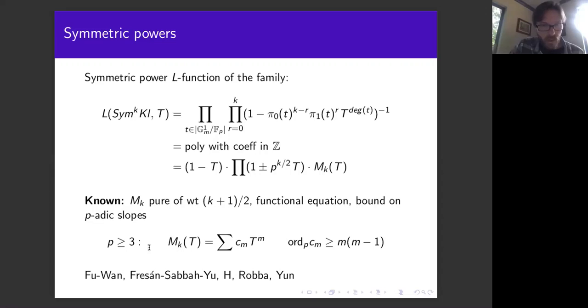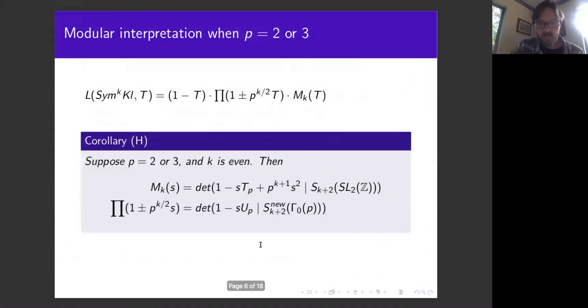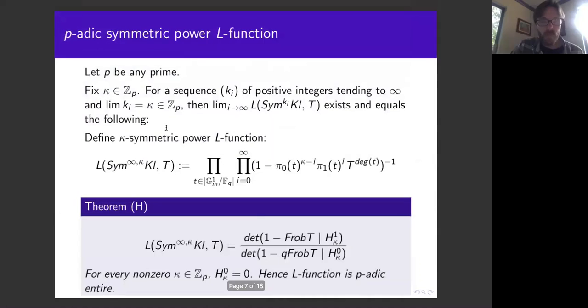So I want to mention a kind of roundabout way for me to be able to get the p equal to 2 case of this lower bound. And so it brings up some other theory. That's the motivation of why I'm going to do the following. I'm going to talk about p-adic symmetric power L functions. All right.